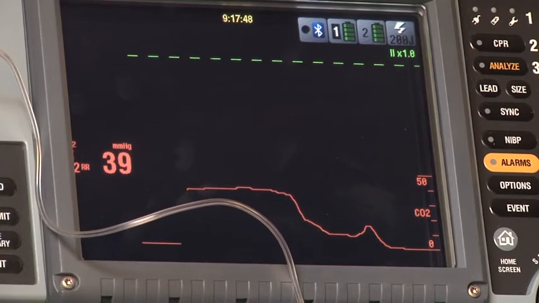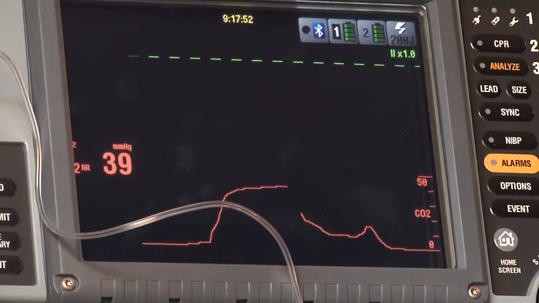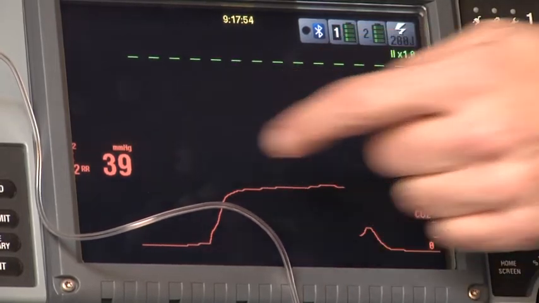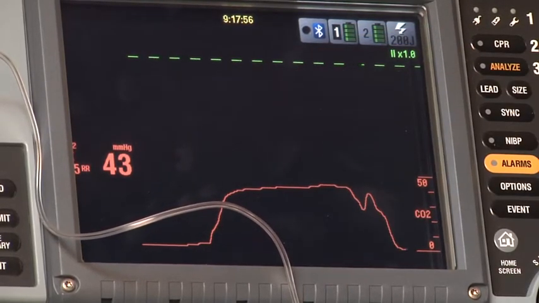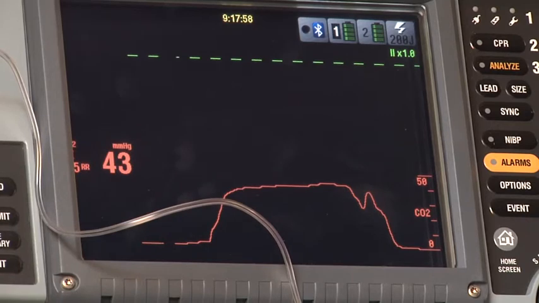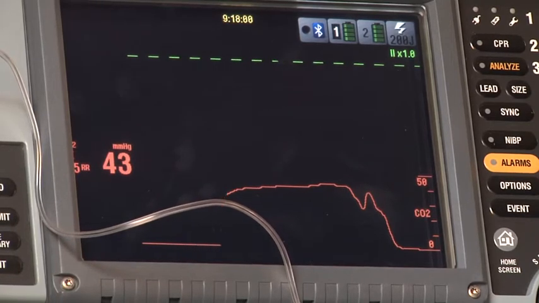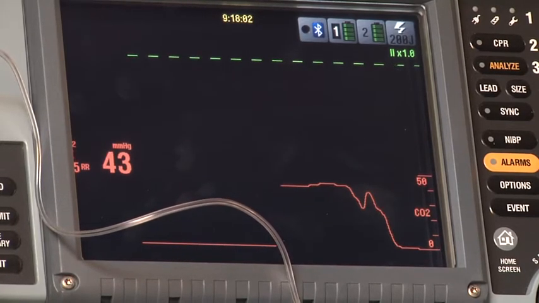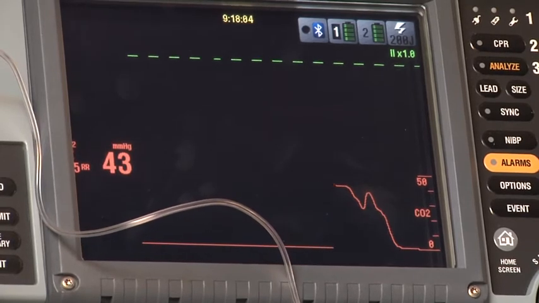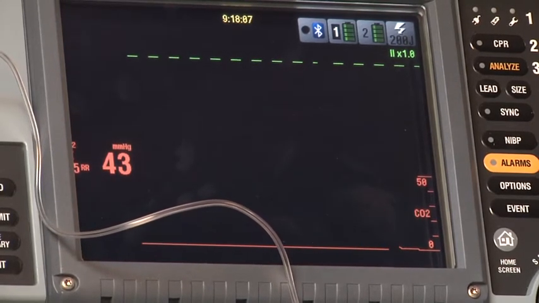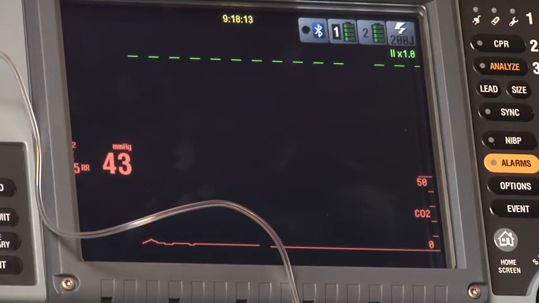If the patient was to stop breathing, and we could ask our patient to hold his breath, what we'll notice is that this waveform will become a flat line. And after a certain period of time, depending on the device that you have connected, it will actually alarm. With this device that we're using here, we'll get that alarm after about 30 seconds of the patient not exchanging any air or not exhaling any carbon dioxide.